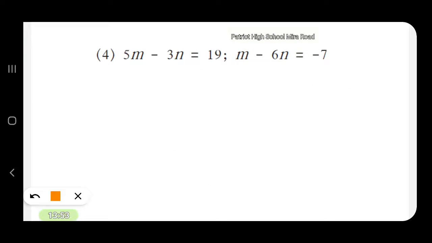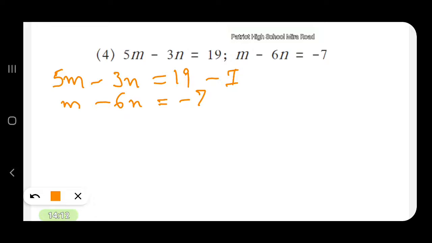Example 4. Let us write the equations one below the other. 5m - 3n = 19. m - 6n = -7. Let us number them, equation number 1 and equation number 2.